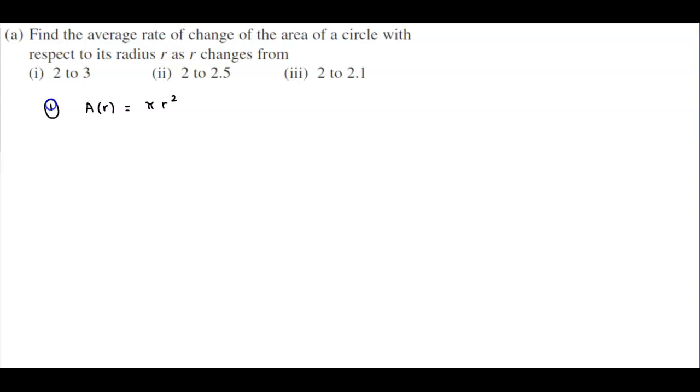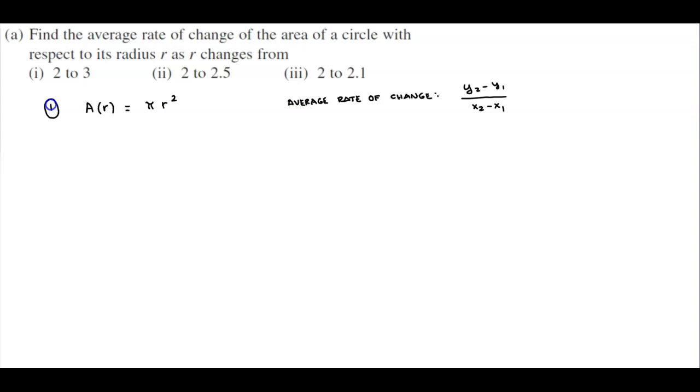Okay, and now if we're talking about the average rate of change, recall that when we talk about the average rate of change, we're talking about the slope. So remember that the slope is y2 minus y1 over x2 minus x1. So what we want to do is find the average rate of change when it comes to the radius.